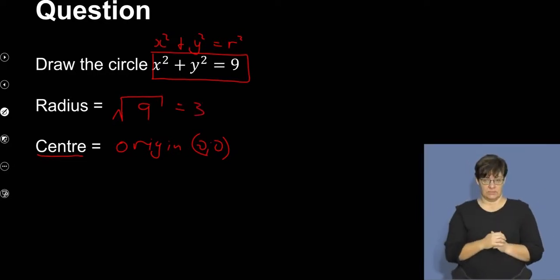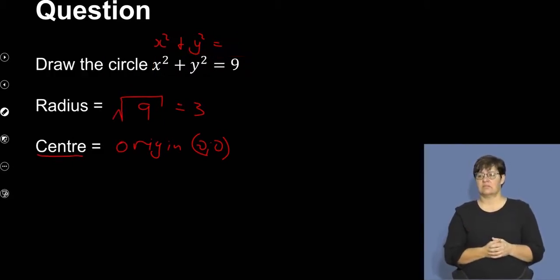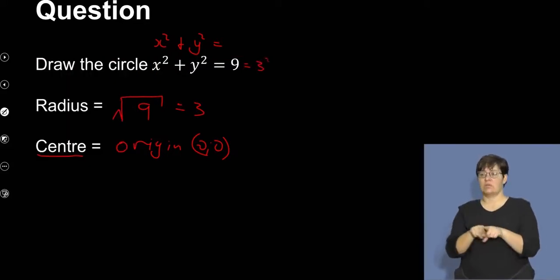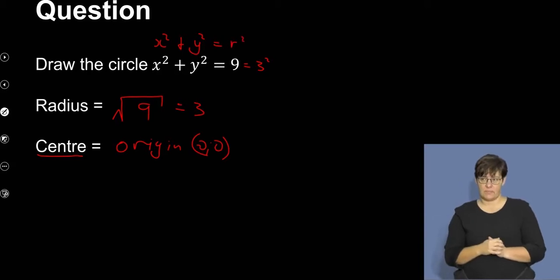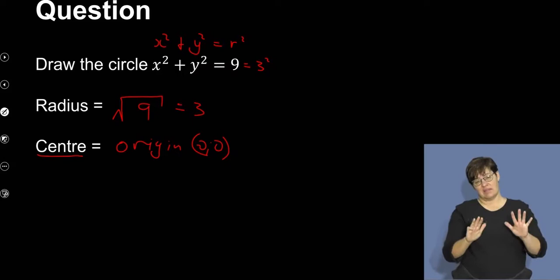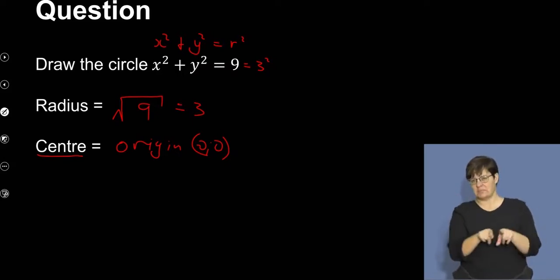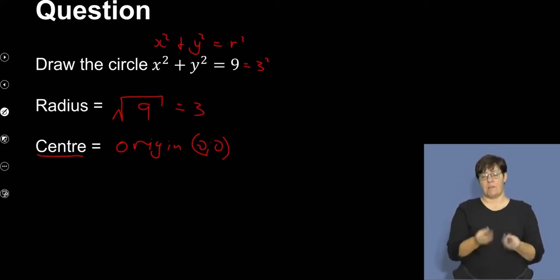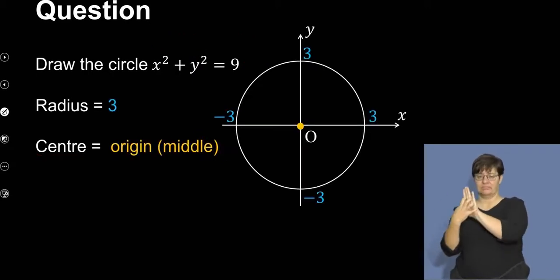And so I could have written my equation as x squared plus y squared is equal to 3 squared. Because in this case, my radius is 3, while 9 is 3 squared. And therefore, I have my radius, I have my center, and I can go and draw my circle.